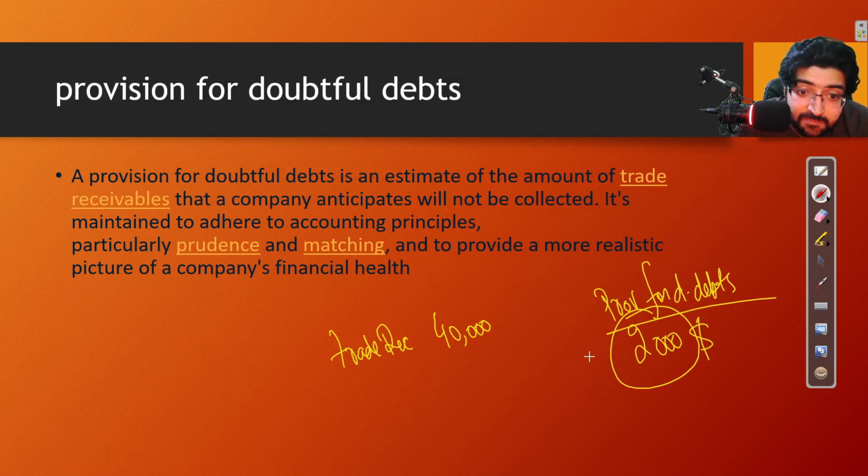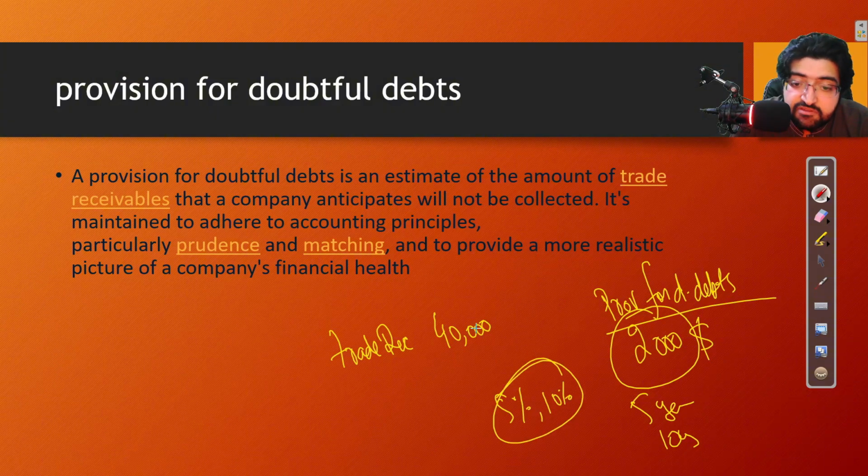Okay, how do you anticipate or prepare this amount? Using your past experiences. You have your business from, let's say, 5 years, 10 years. You know how much out of trade receivables is actually unpaid. So it is usually given as a percentage, 5%, 10%, and so on, and then we find the provision for doubtful debts amount. What we do with that amount is what I'm going to tell you in the adjustment.